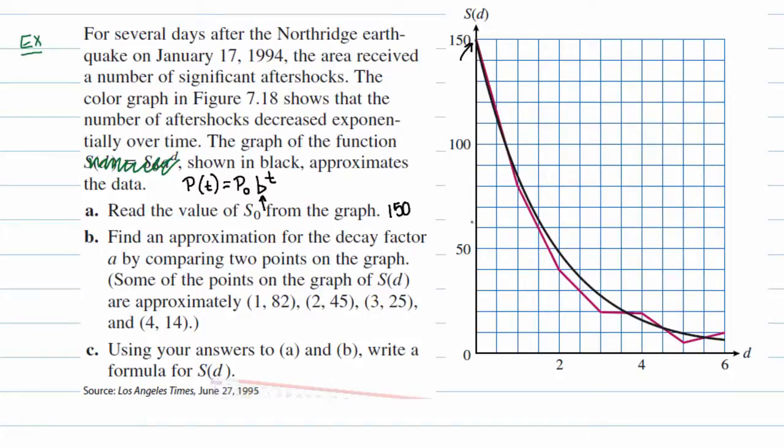Although in reality, if you're going to do some real data analysis, nobody comes along and gives you this black curve. You actually have to select points on this red curve. So they're telling you some points on the graph are approximately (1, 82). I see, because this is 1 right here, so they're saying that this point right here is about (1, 82). And (2, 45), so they're saying that this is probably about 45.